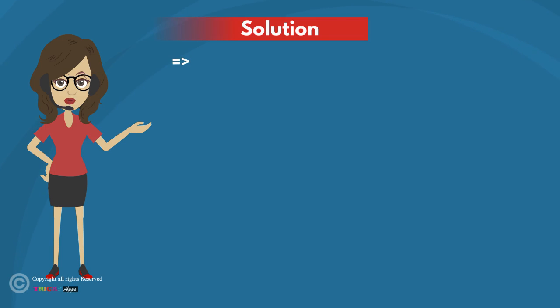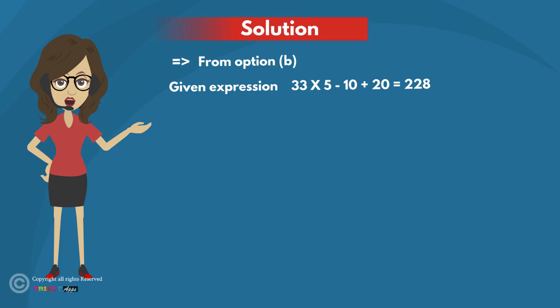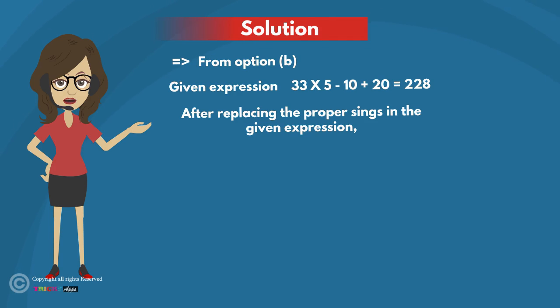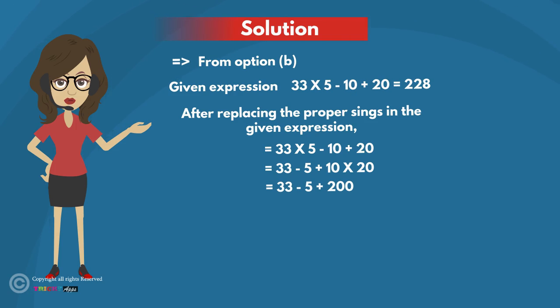From option B, the given expression is 33 into 5 minus 10 plus 20 is equal to 228. After replacing the proper signs in given expression, we get 33 minus 5 plus 10 into 20. That is 33 minus 5 plus 200. And that is 233 minus 5. That is 228.